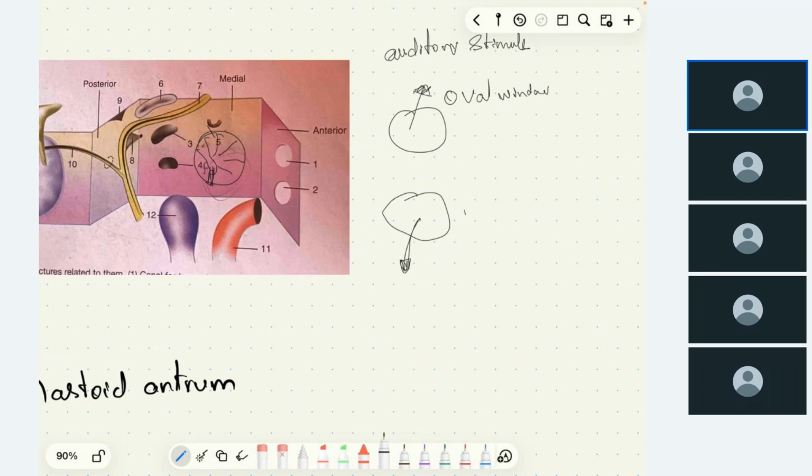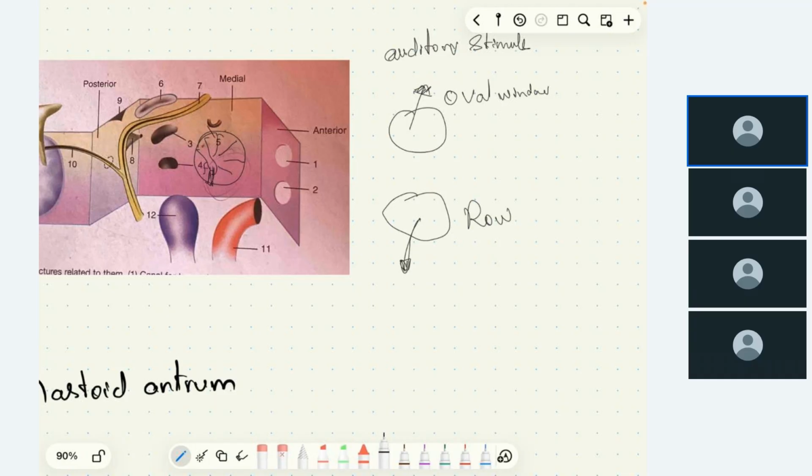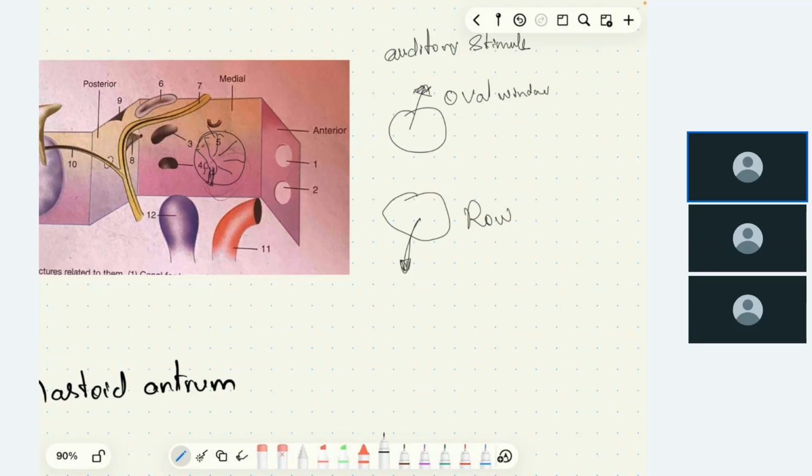Why? Because the transmission of the vibrations occurs to the oval window faster than to the round window because of the middle ear ossicles, that is malleus, incus, stapes, which are responsible for amplification of sound. So these ossicles transmit the sound waves faster to the oval window than the round window.